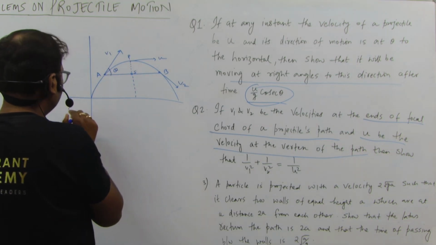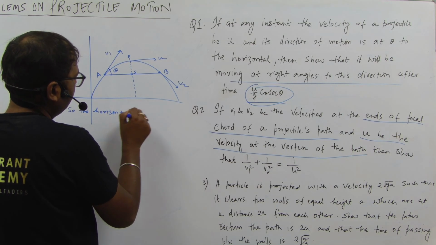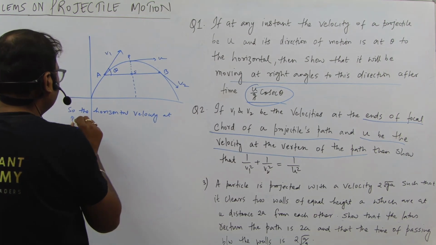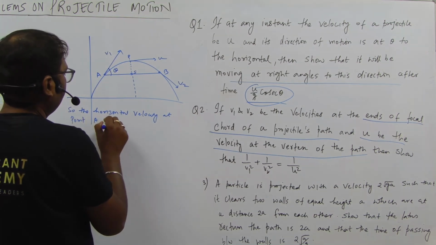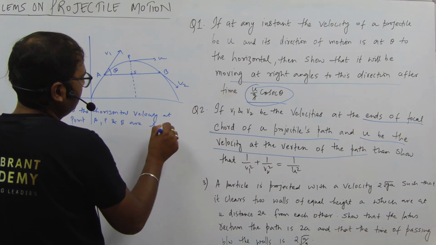The horizontal velocity at points A, P and B is the same.